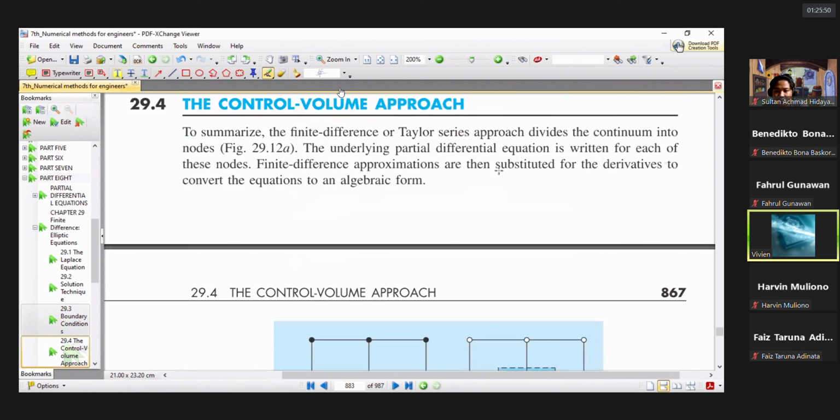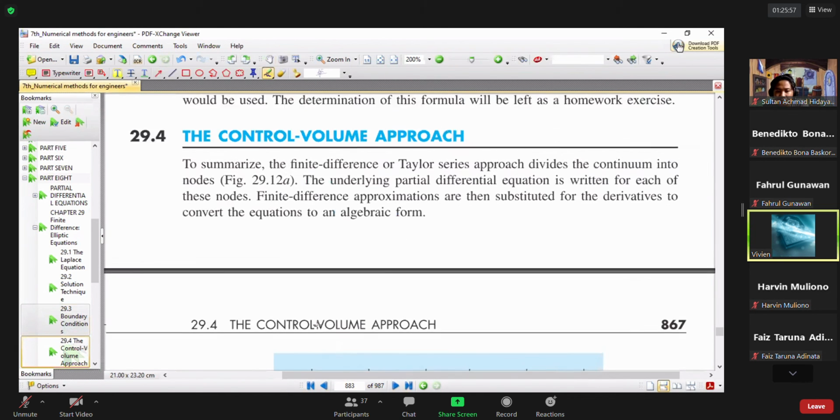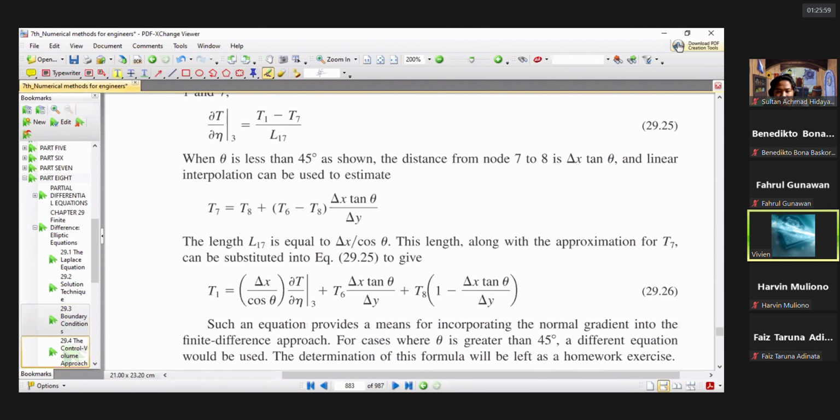This will be the basis for all of the study with simulation, including finite element and CFD. So the basis is there.